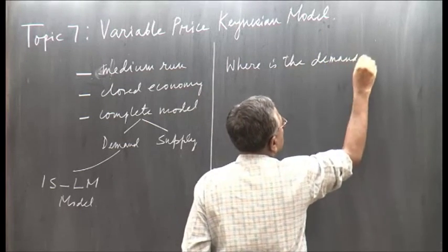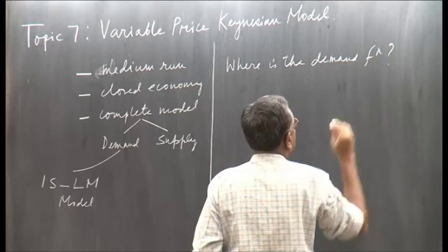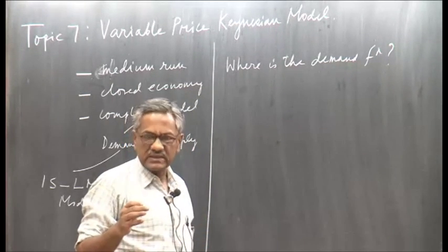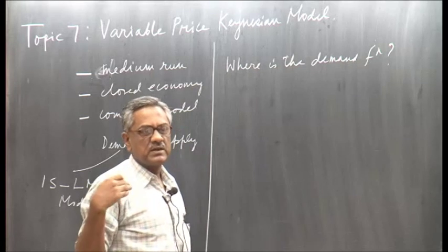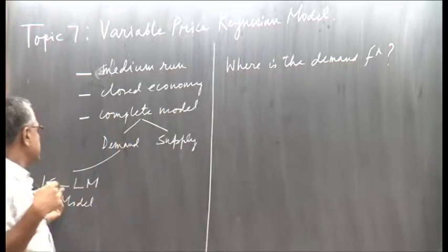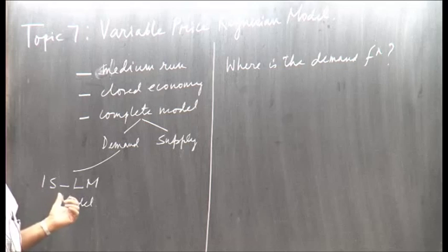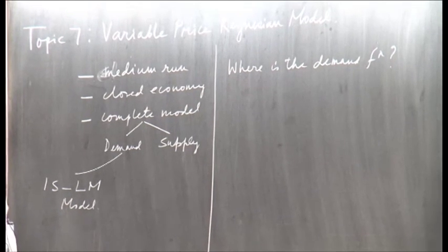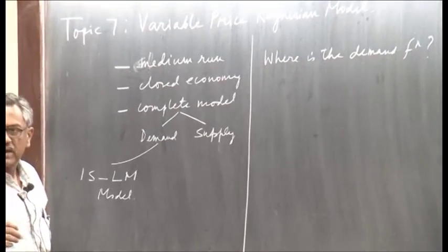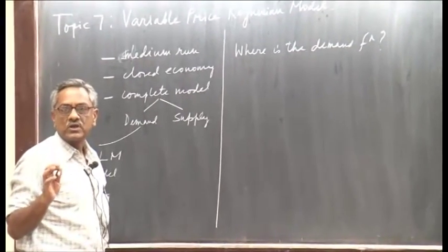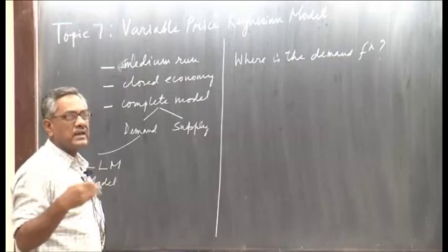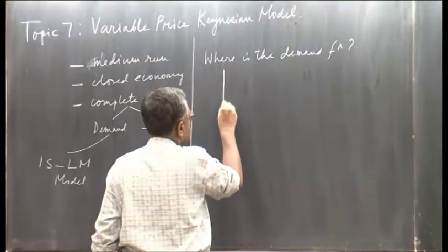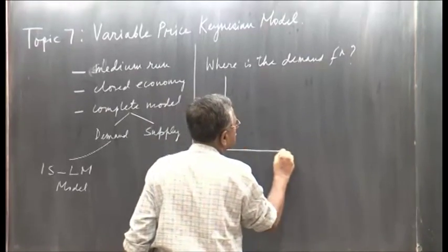Now, what I would do is, I will not obtain a demand function, but I will tell you the demand function exists because these are demand side equations, IS and LM, demand function exists, and I will derive the slope of the demand function. Now, before I do that, diagrammatically I can obtain the demand function. That will be the first intuition, how the ISLM model enables you to obtain the demand function. So I need two diagrams.